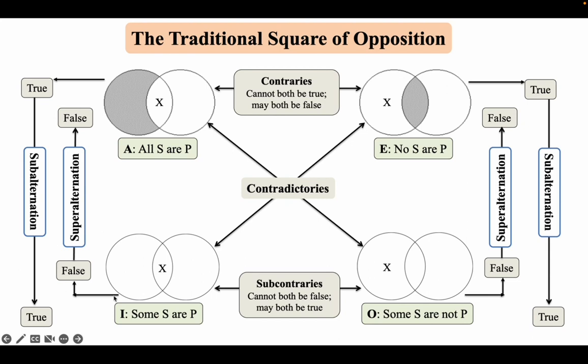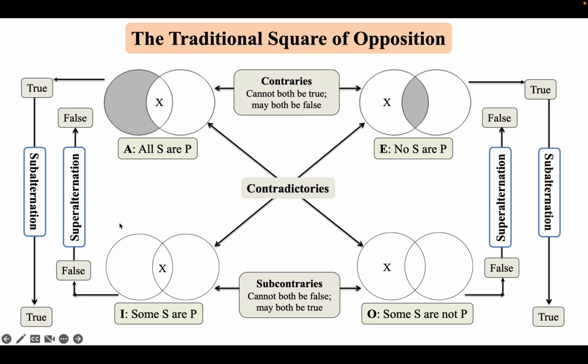Now, as you can see, if I, on the other hand, start with a true particular, and I say that it is true that some bananas are yellow, it would be impossible to infer from the truth of some bananas are yellow that all bananas are yellow. Therefore, the truth only goes down. This applies obviously to form E and form O.